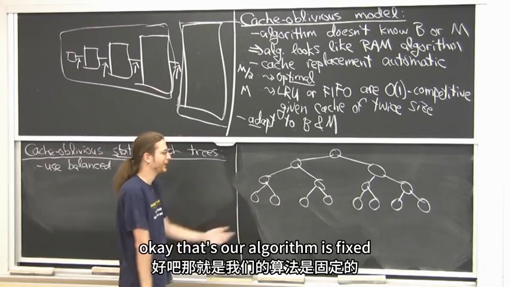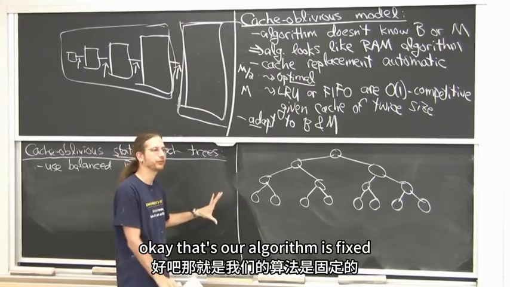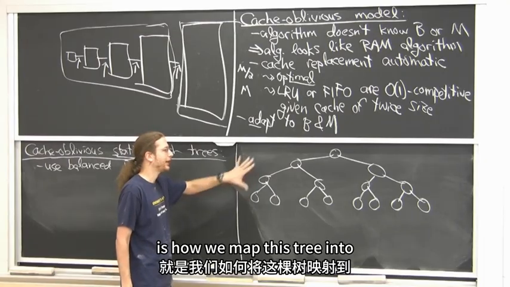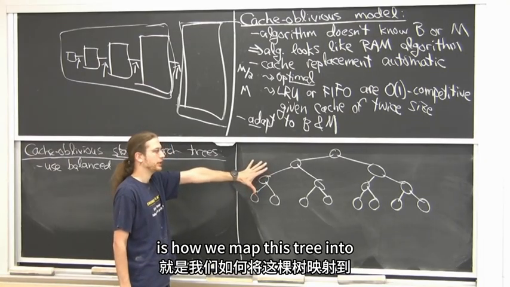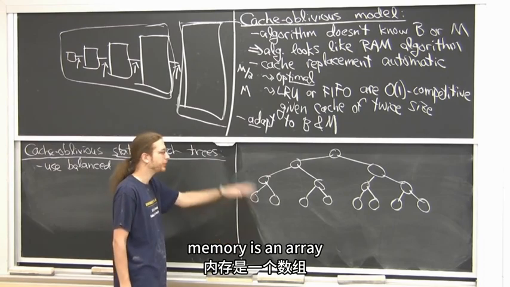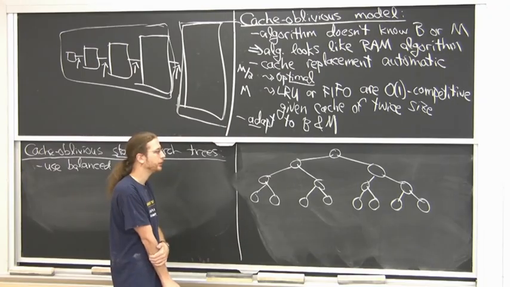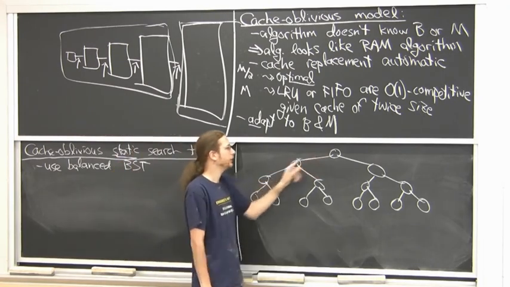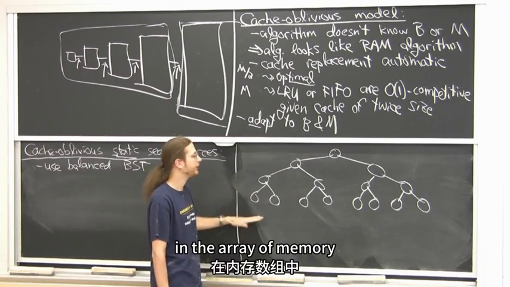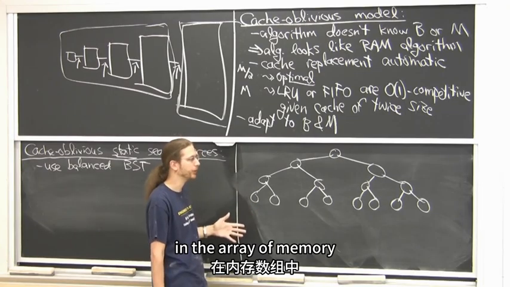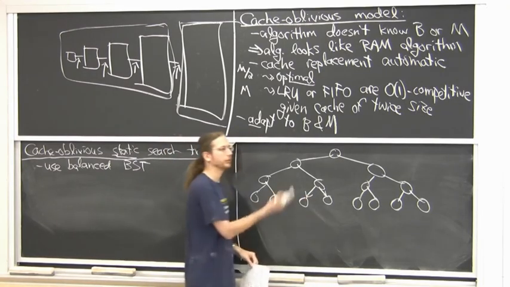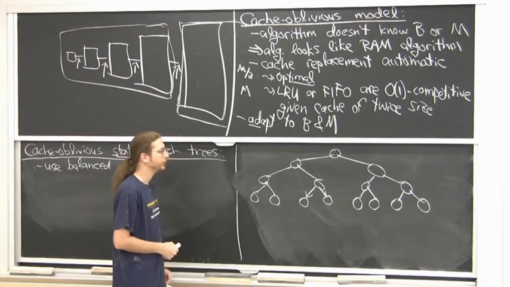Binary search. Okay, that's our algorithm, it's fixed. So the only flexibility we have is how we map this tree into the sequential order in memory. Memory is an array. So for each of these nodes, we get to assign some position in the array of memory. And then each of these child pointers changes where they point to.